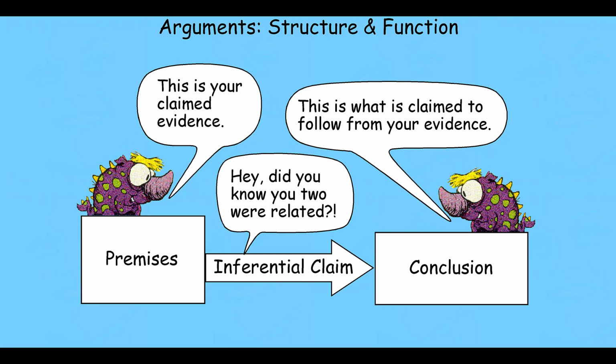So inferential claims relate premises to conclusion under that specific condition that may or may not hold. The claim is always asserted regardless of whether or not the premises are true. It is always implicit in the argument: if my premises are true, then my conclusion has the following status.